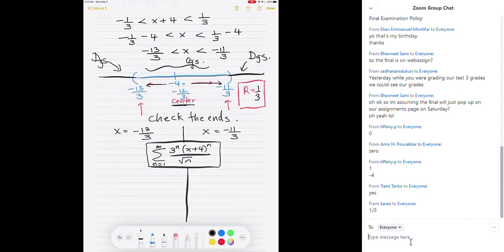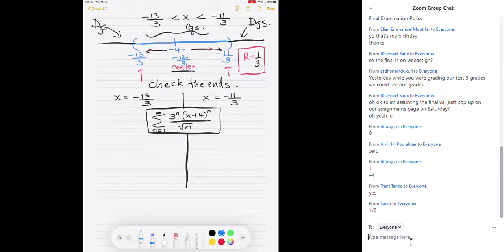If I put negative 13/3 in there, 3 to the n, negative 13/3 plus 4 to the n over square root of n, you're going to tell me what I get here.